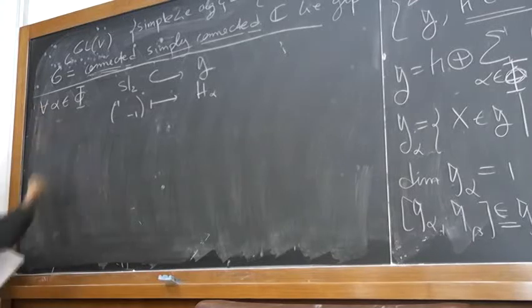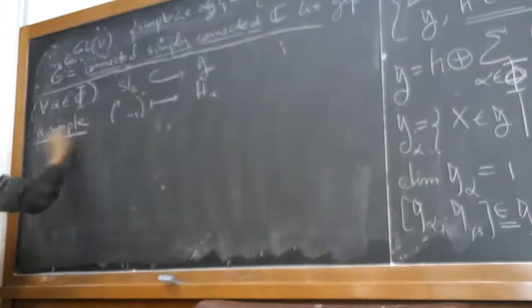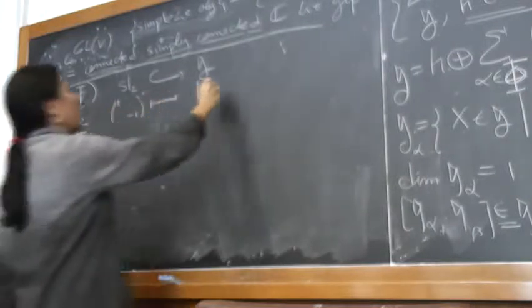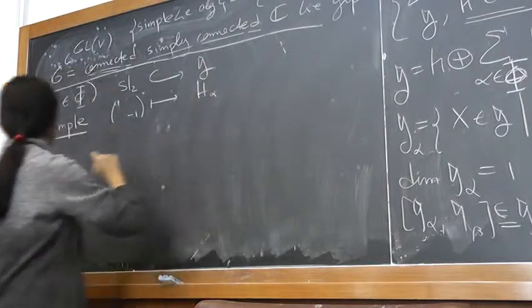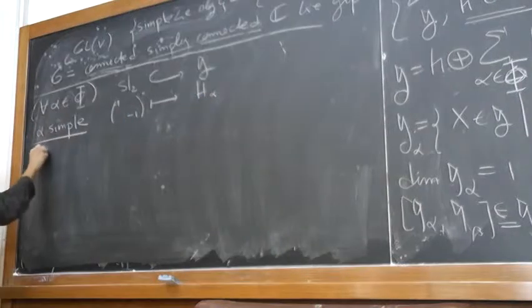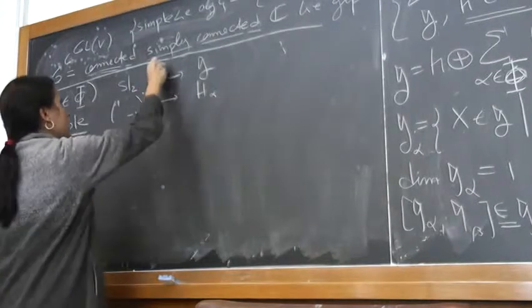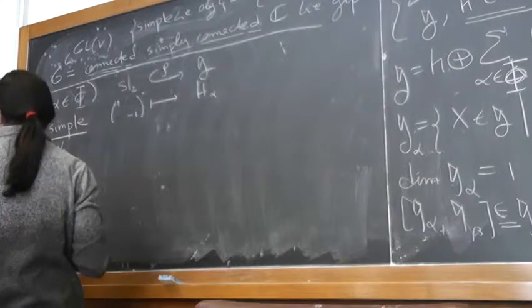So this we have for each root, but he now wants to consider alpha simple. He wants to take just the simple ones, alpha 1 to alpha r, and for each of these he writes an embedding which he calls rho I.